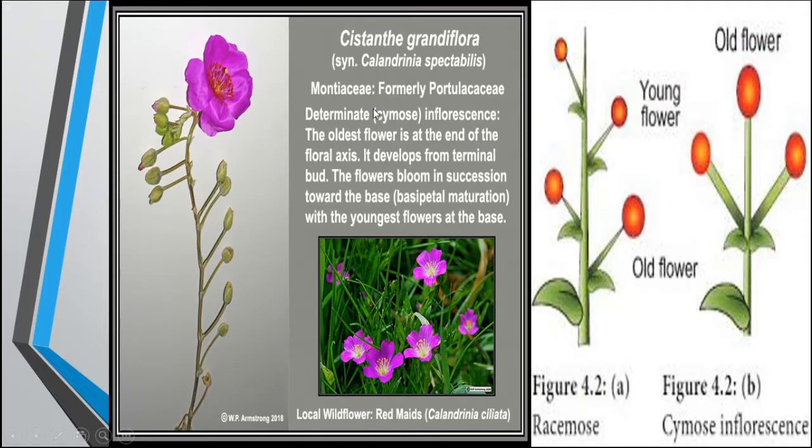Here is an example from the Monetaceae family, where the oldest flower is at the end of the floral axis, and such an arrangement is known as basipetal succession of the flower, with the youngest flower towards the base. And when the oldest flower is towards the base, then it is known as acropetal succession.